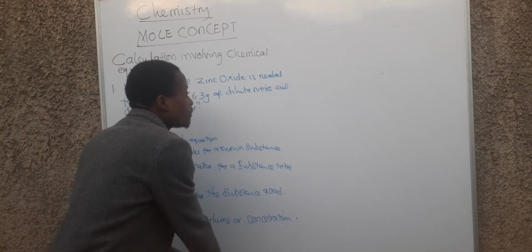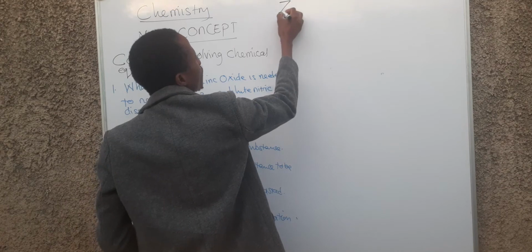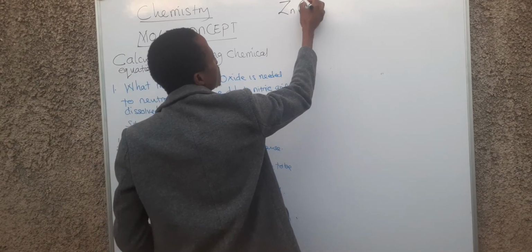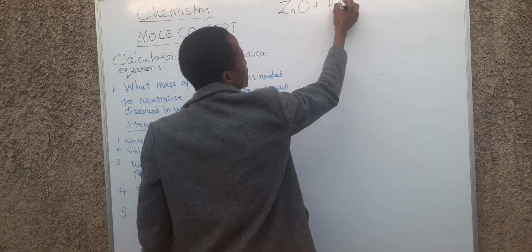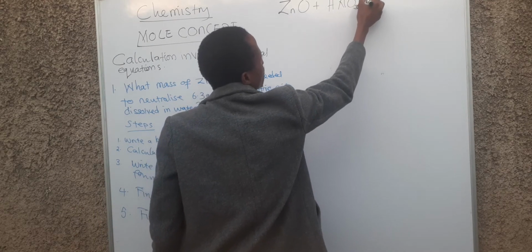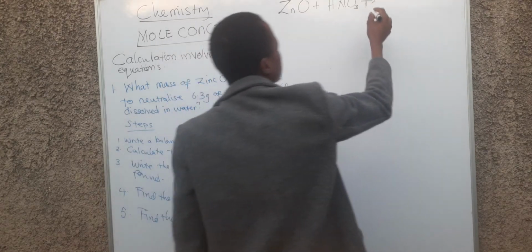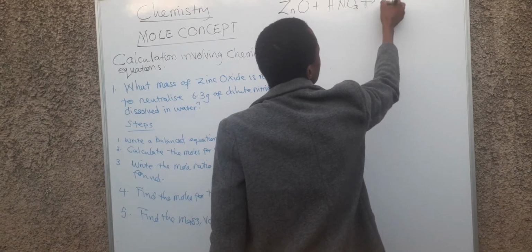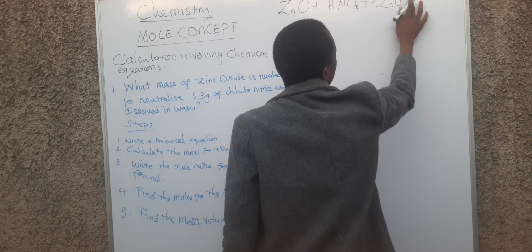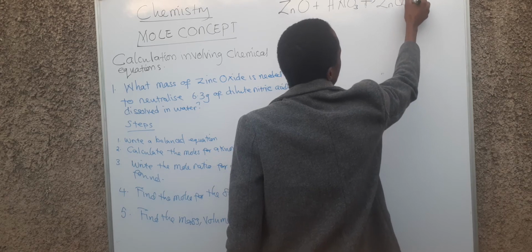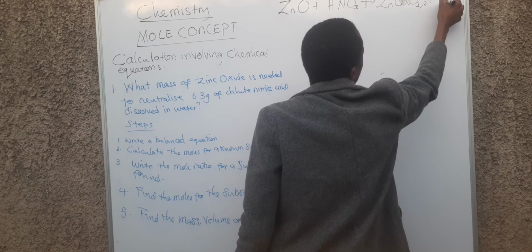So this will be zinc oxide plus nitric acid to produce zinc nitrate plus water.